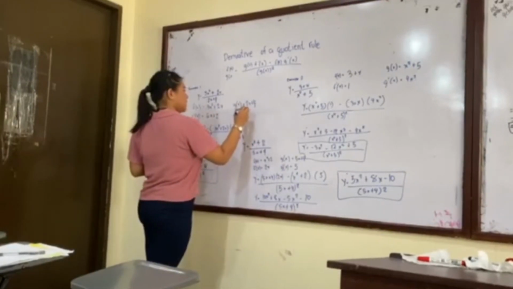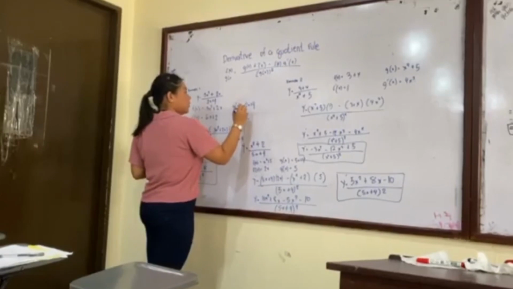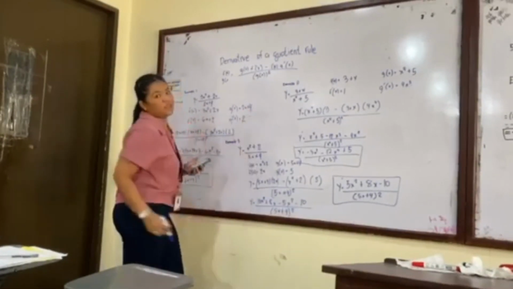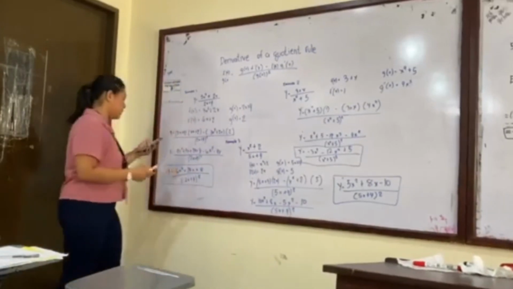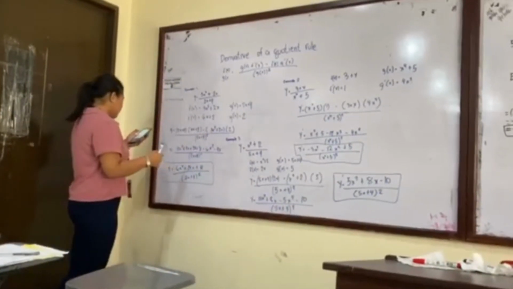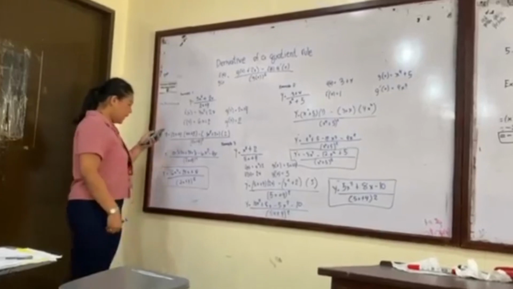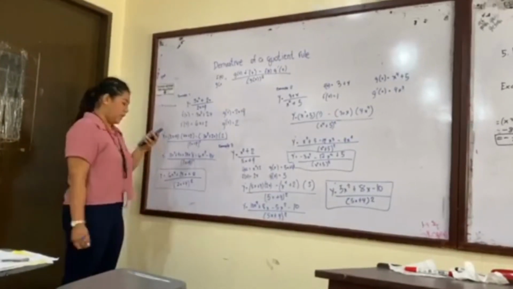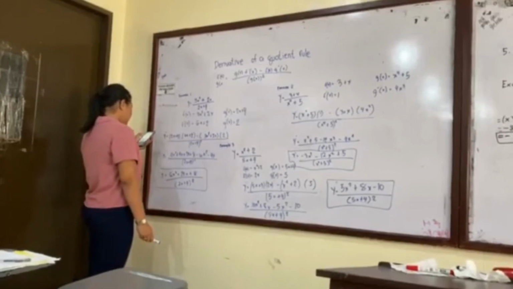Next is 2 times 1 is 2. Tapos magiging constant to, so magiging 0 siya, hindi na natin siya kailangan isulat. And next is, pag makuha na natin ang first derivative, let's apply the power formula. Let's get the derivative of g of x.